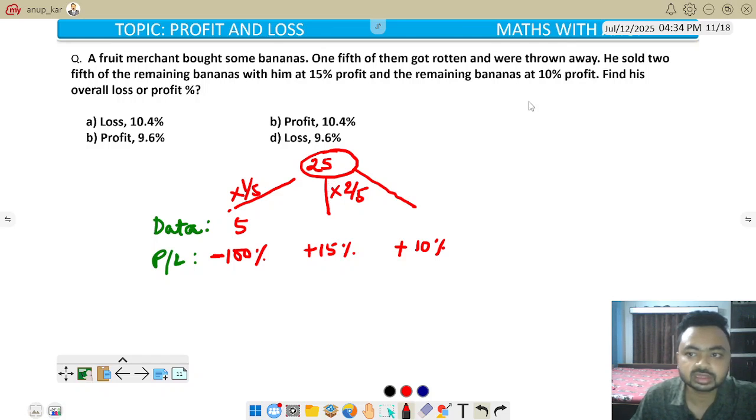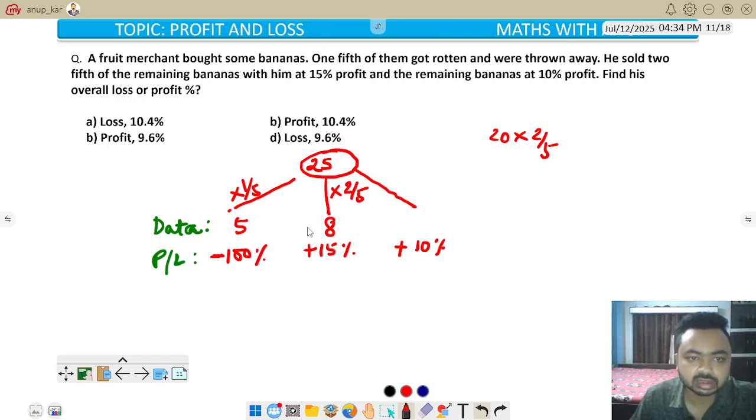Now he sold 2/5 of the remaining, that is the important line. Remaining means 25 minus 5 is 20, and 20 into 2 by 5 is how much? 8.